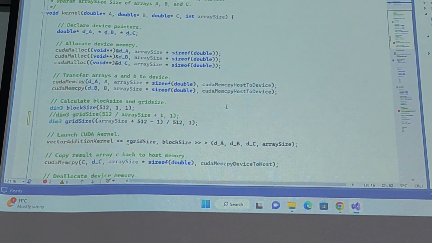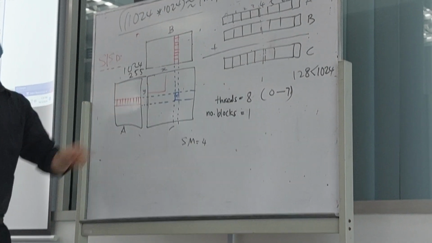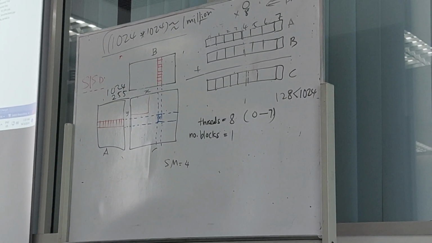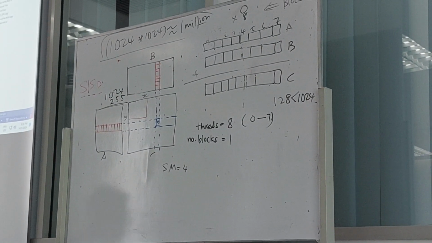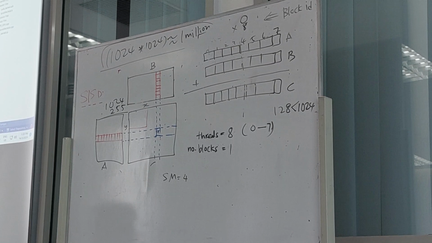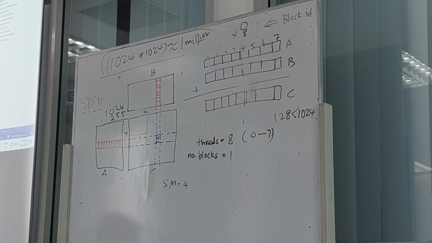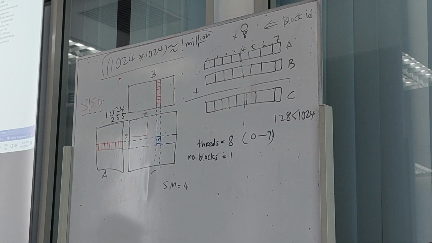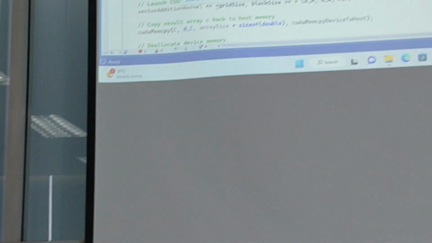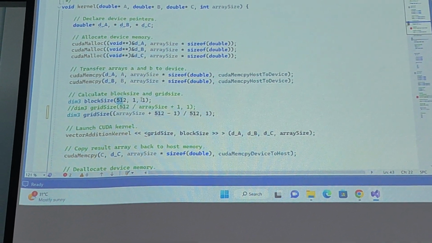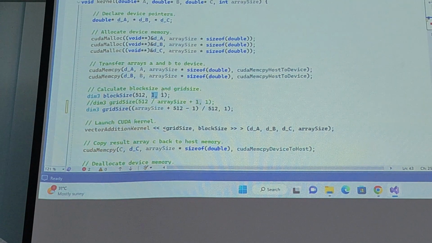And once you finish it, you can try this matrix multiplication. Okay? Now, the matrix multiplication, when we do, you see this, there are 3 here, right? 3 numbers, right? So this is the x, this is the y, this is the z.